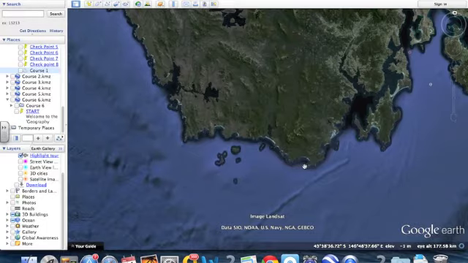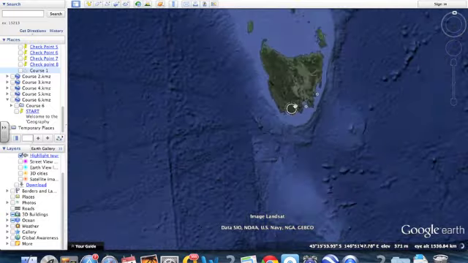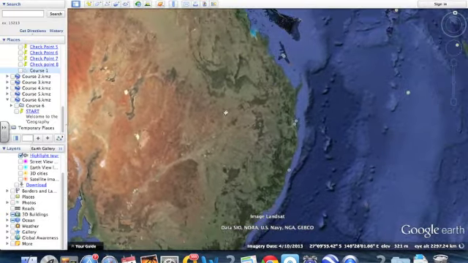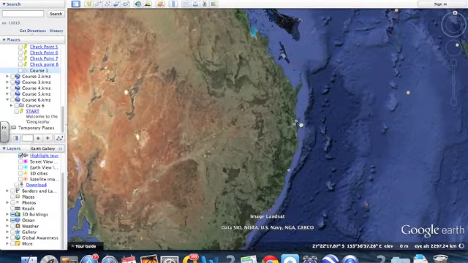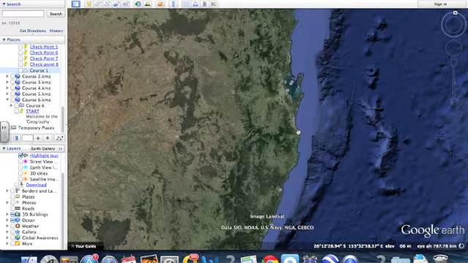Australia's most eastern point. Alright, let's zoom out and we'll scroll back towards the middle of Australia. If we're going to look at this map, probably looking at somewhere in here, most eastern point, and in that area you're going to find a place by the name of Cape Byron, which is located at Byron Bay, down right about there where that hand is.